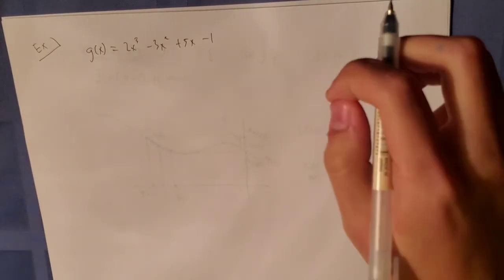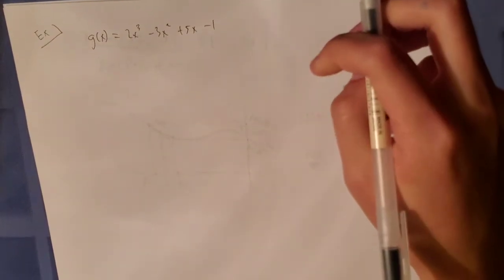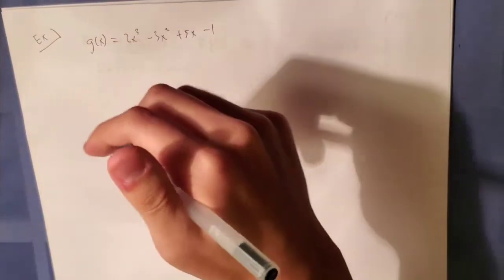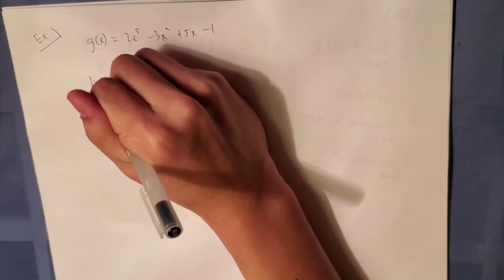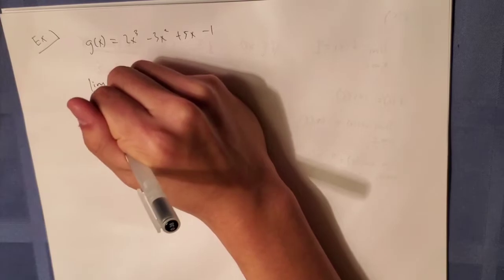Many of you smartos out there might say, just bring down the exponent and you'll be fine. Well, we're going to be doing this with limits because we're cool like that.